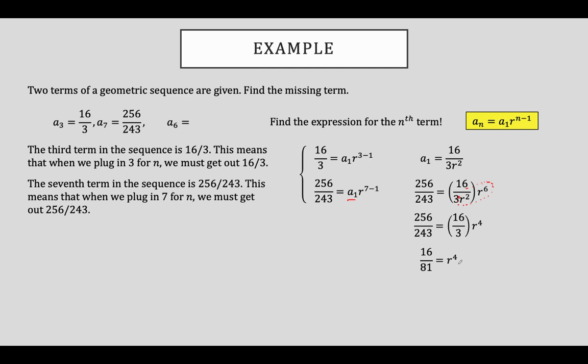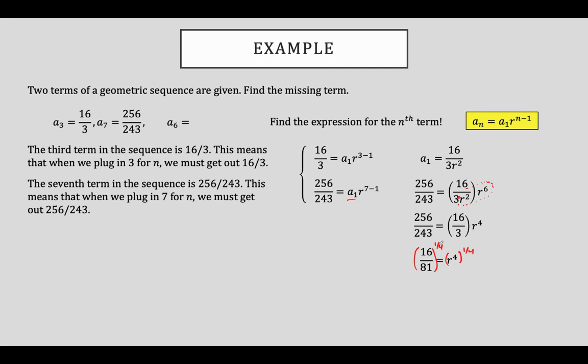In order to solve for r, we must take the fourth root, and taking the fourth root is the same thing as raising to the 1/4 power. Now, one thing to be careful of, whenever we take an even root, there are going to be positive and negative solutions that we need to account for.